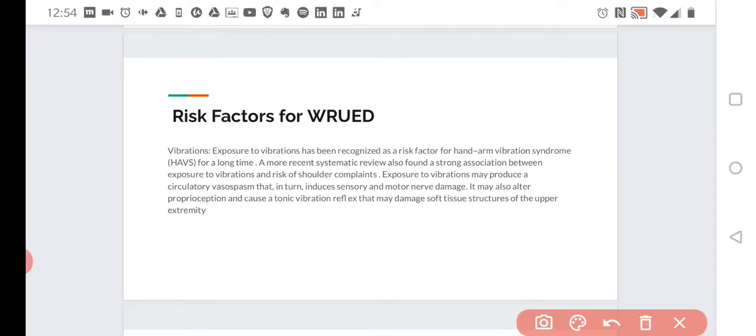Also, it is quite well documented that vibrations of different types may lead to multiple pathologies. Of course, vibrations are very frequently related to the upper extremities, because when the worker is performing some job, he or she may hold a vibrating tool, like a lot of different engines that are used in construction engineering.